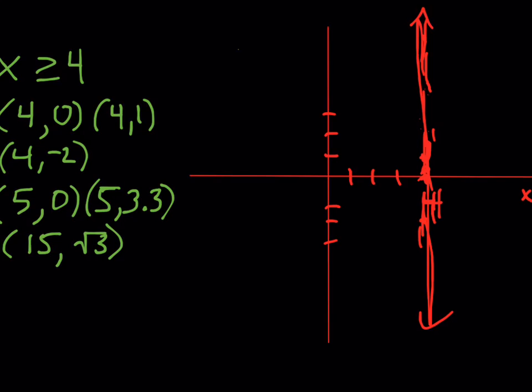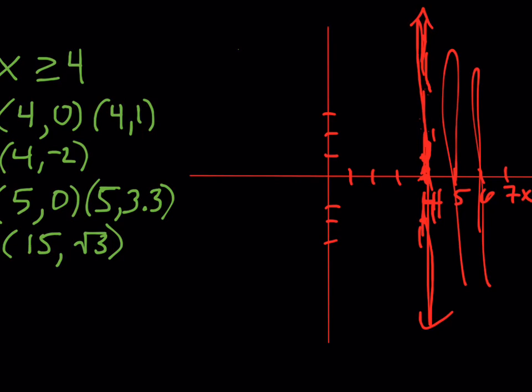And then anything that has an x coordinate greater than or equal to 4 also works. So where are those coordinates? Well, if I look at the number line, here's 5, here's 6, here's 7. And y can be anything, but basically it's all of these points. And also the fractions, like 4.5 is okay.